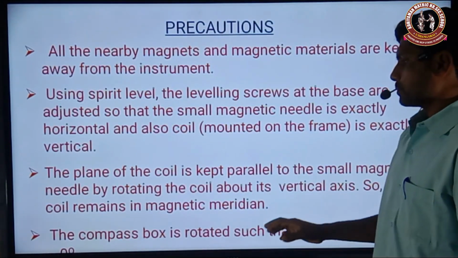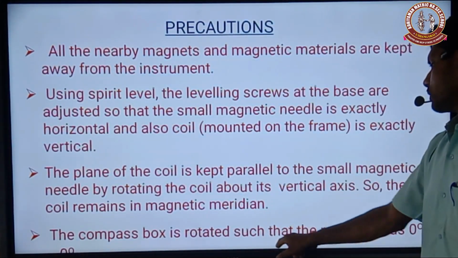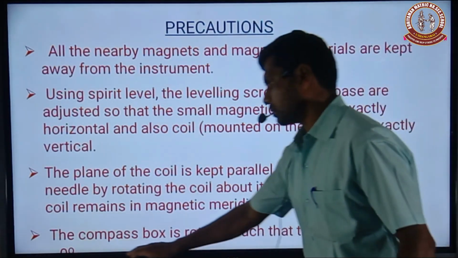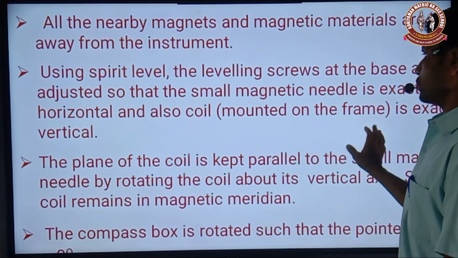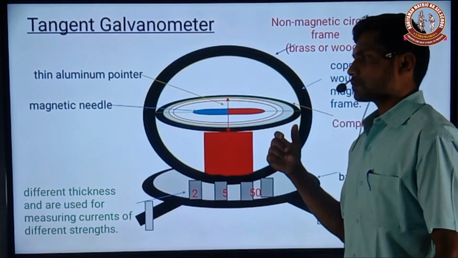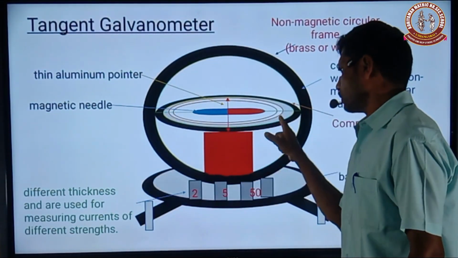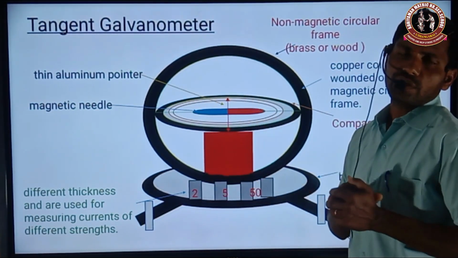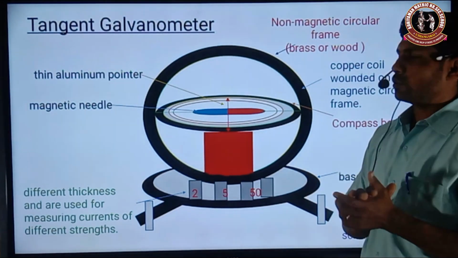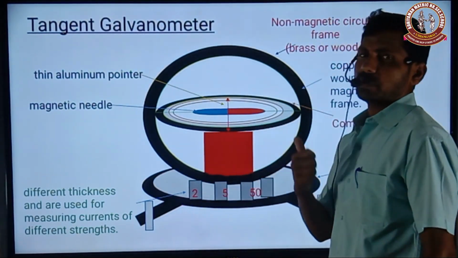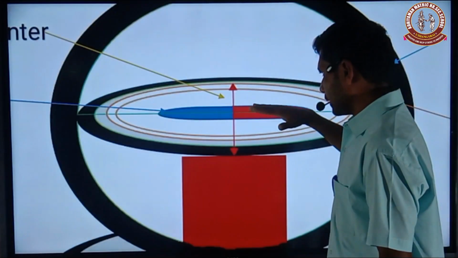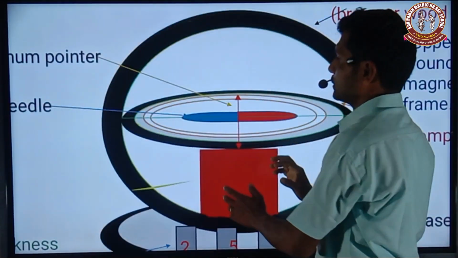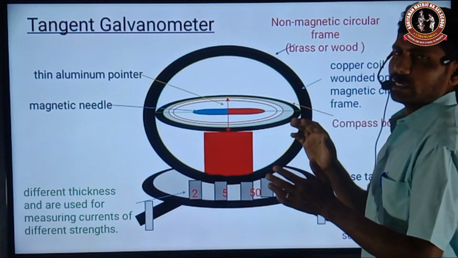The next precaution: the compass box is rotated such that the aluminum pointer reads 0 to 0. To summarize: first, all magnetic material is kept away from the instrument. Second, using the leveling screws and the spirit level, the small magnetic needle is exactly horizontal and the coil is exactly vertical.